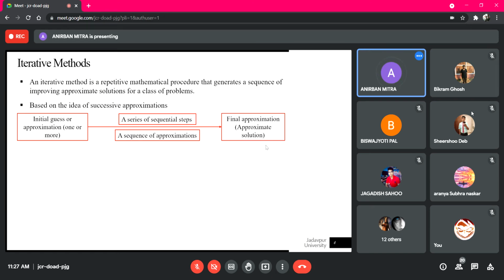Now, this approximate value is going to be the starting value for the next set of sequential steps, which are repeated. And like that, it will continue till the approximate relative error falls below a predefined limit. And that is when we say that the final approximation or the approximate solution has been achieved. So this is basically how the iterative method works in general.